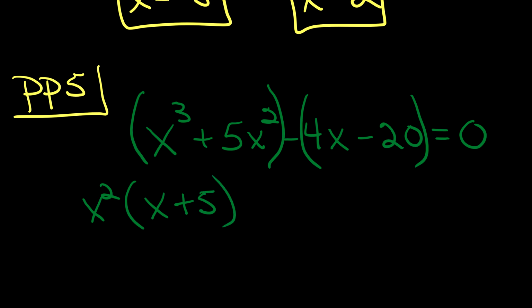Okay, I got a minus sign here. And here I can take out a 4. This right side, that right binomial, I can take out a 4. If I take out a 4, what's left over is x plus 5.